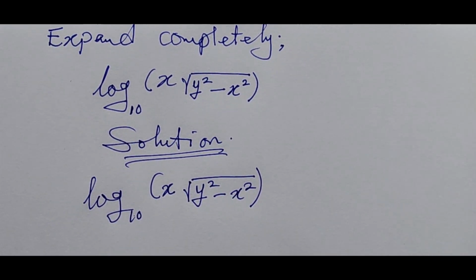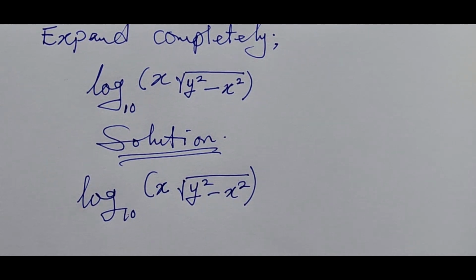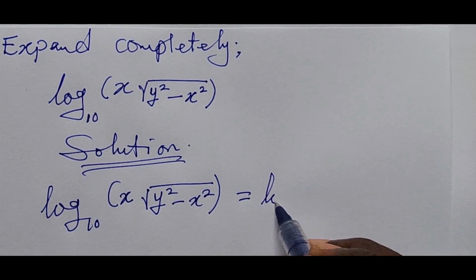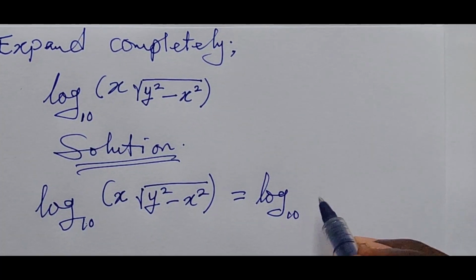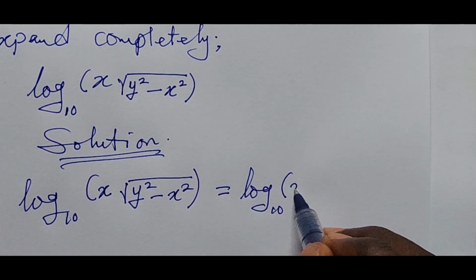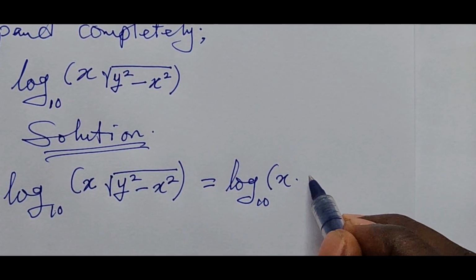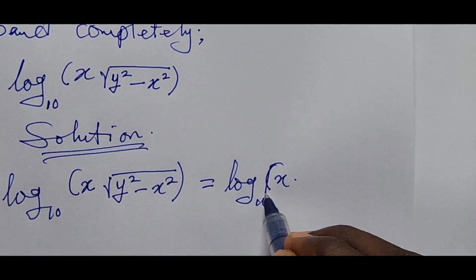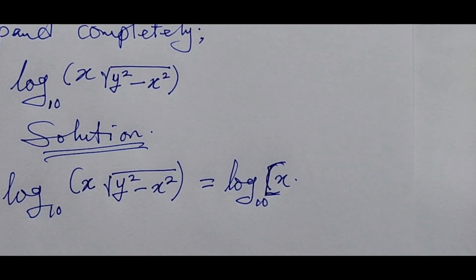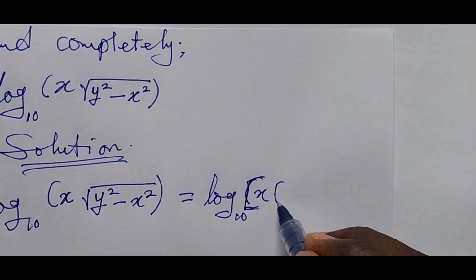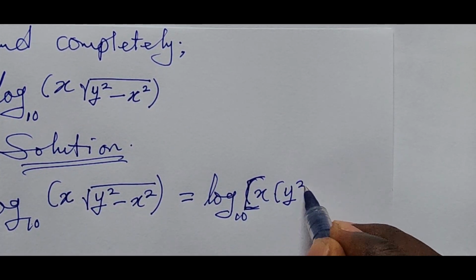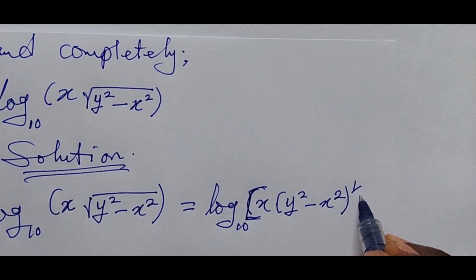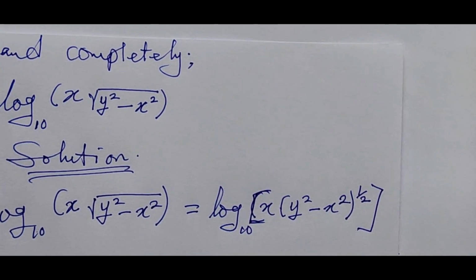Rewriting the radical gives us log base 10 of x times, in a square bracket, (y squared minus x squared) all raised to the power of 1 over 2.